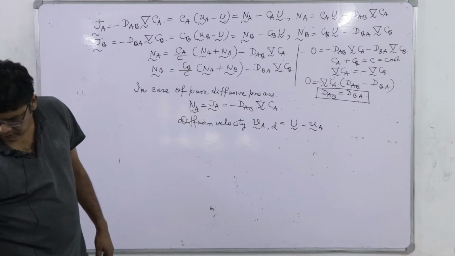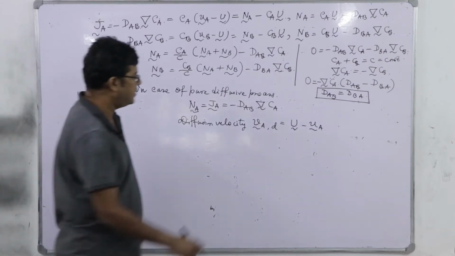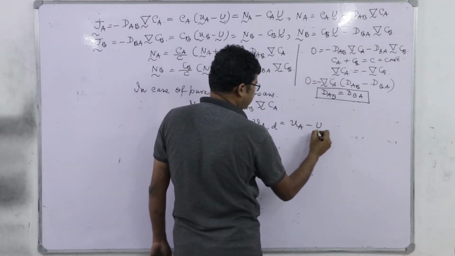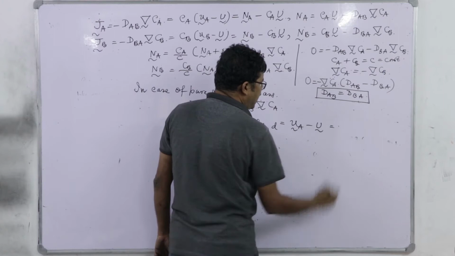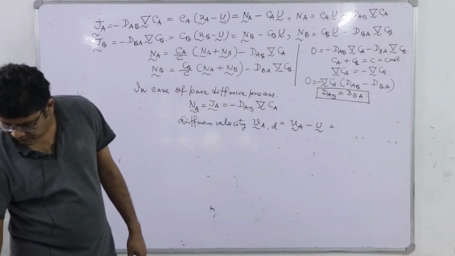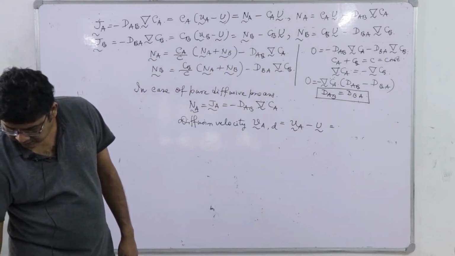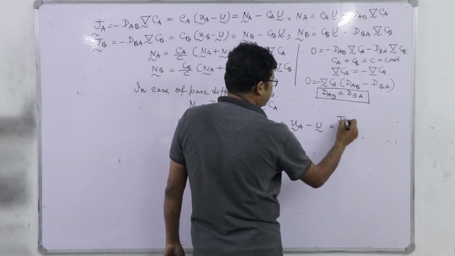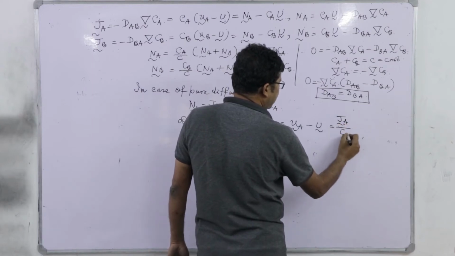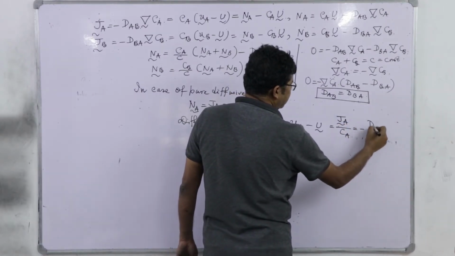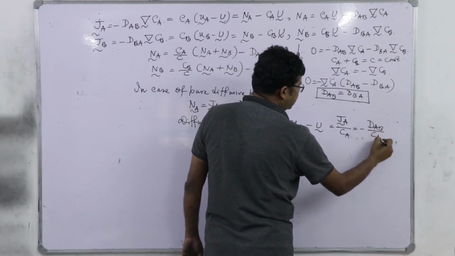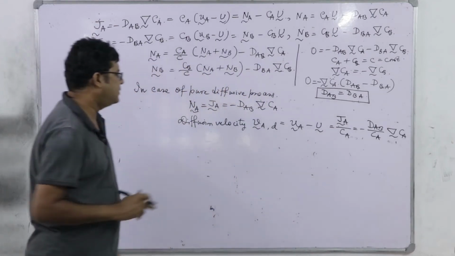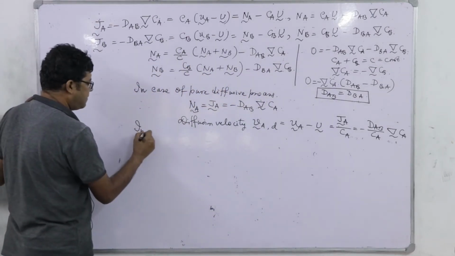U minus UA, or rather sorry, just the opposite, UA minus U, and UA minus U can be expressed as Ja by Ca, it is dAB by Ca into grad of Ca. It is obvious outcome.